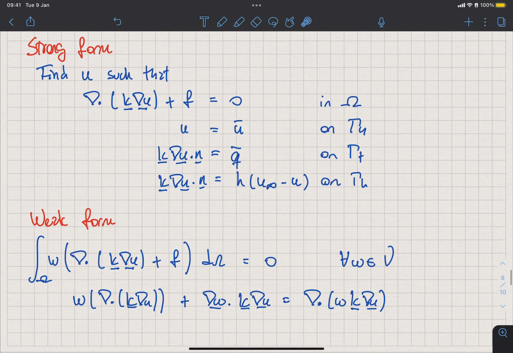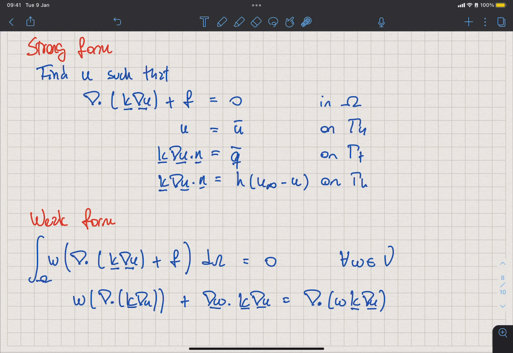And so the strong form is, again: find the temperature u such that the heat conduction equation holds inside the domain, or in the open set, and therefore we need boundary conditions.